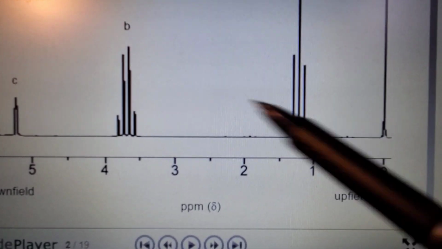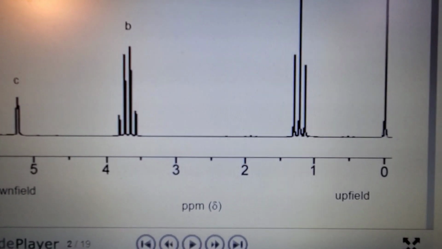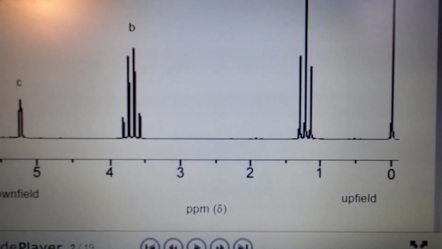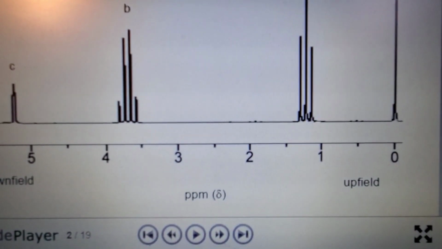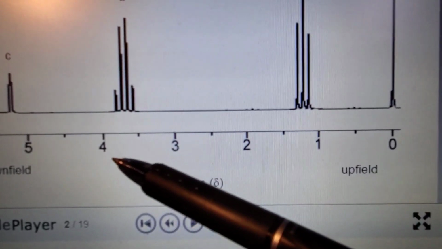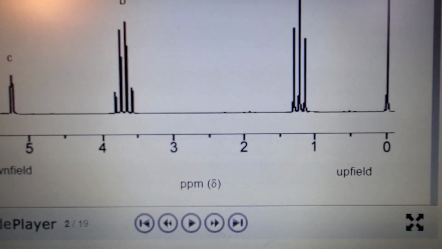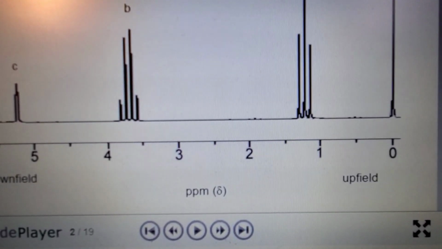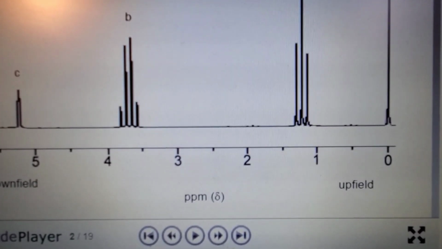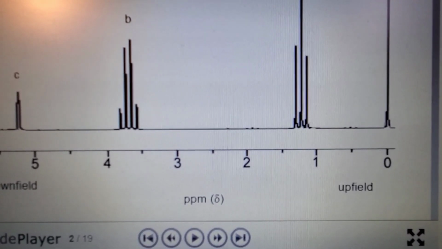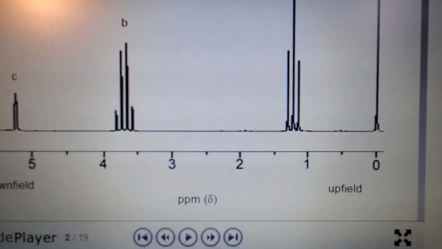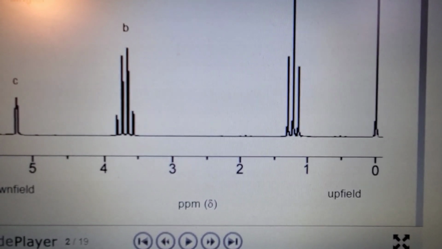And then the location of the hydrogen will tell you which ones are closer to the electronegative atom. This one here is around 4, so this type of hydrogen is very close to the electronegative atom, probably an alpha hydrogen, and that one's somewhat far away from the electronegative atom, right?